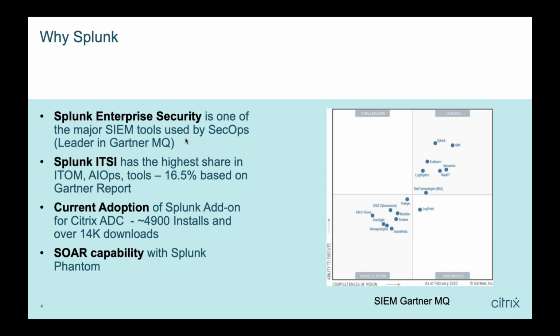When we looked at the telemetry, we found that there are close to 5,000 customer installs and over 14,000 downloads. So that gives us an idea of how widespread Splunk is used within our Citrix customer base. And these were some of the key reasons why we started off the integration with Splunk, and then we'll expand to other SIEMs.